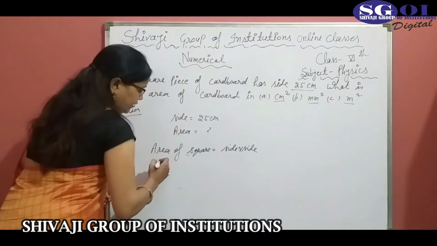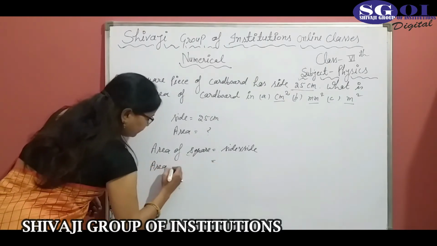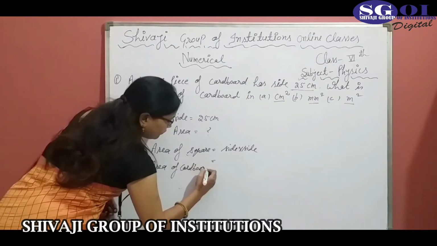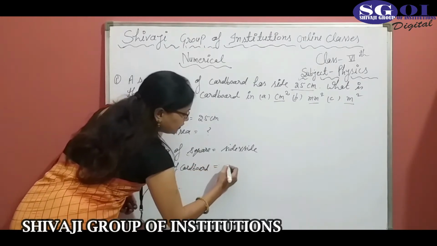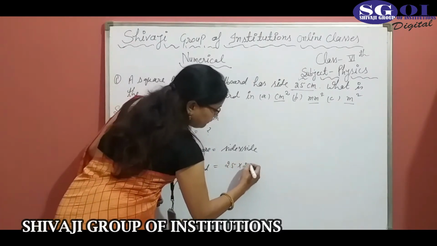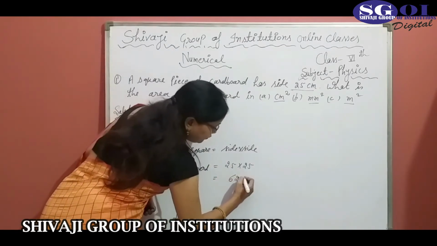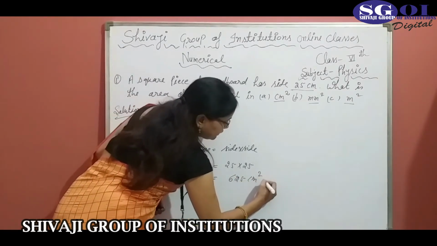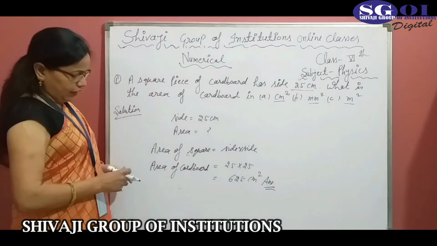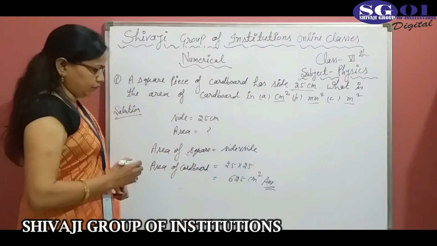Here area of cardboard is side is 25 into 25. After multiplying we get 625 centimeter square. So the area of cardboard is 625 centimeter square.